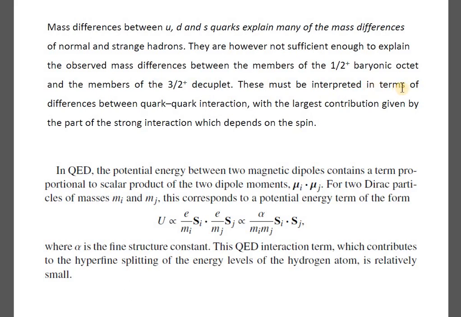This must be interpreted in terms of the differences in quark-quark interaction, with the largest contribution given by the part of the strong interaction which depends on the spin. So this is the first scenario, where I am just using our simplest possible basic model to try to estimate and compare and see if we get the masses of the decaplet or octet correct. However, we are seeing differences, and the result is some sort of residual interaction we are missing.